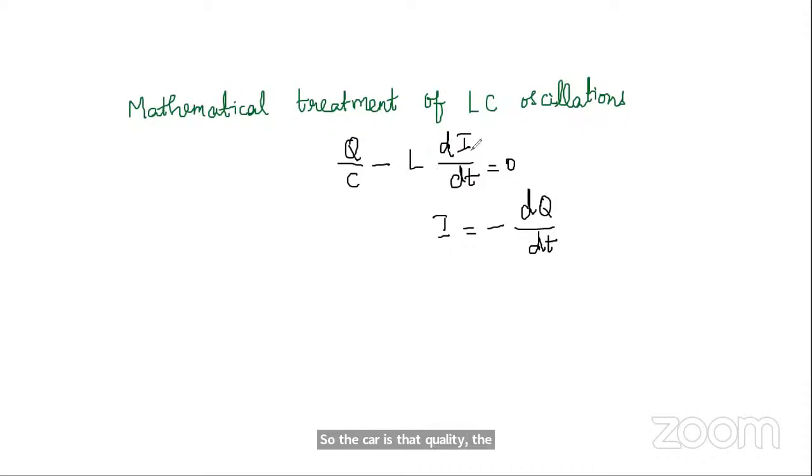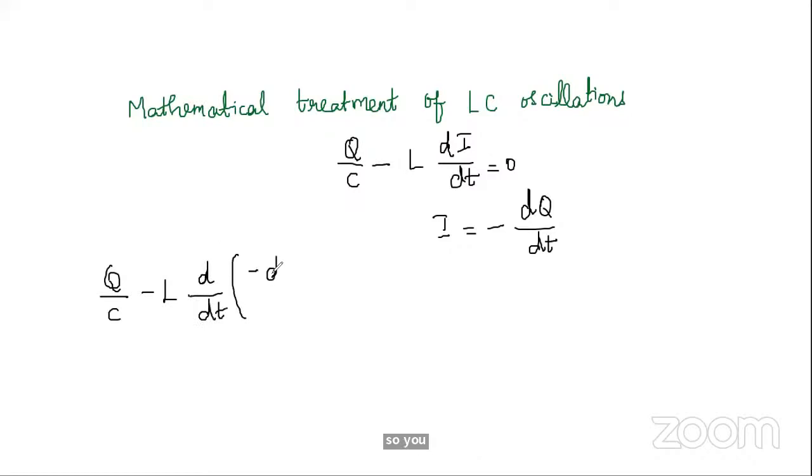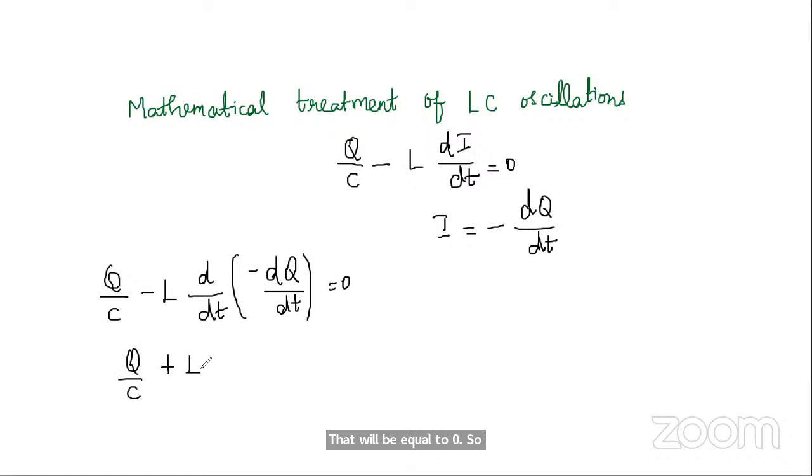So here instead of I, you can apply this minus dq by dt. So your Q by C minus L d by dt of minus dq by dt will be equal to 0. So this will be Q by C plus L into d squared Q by dt square equal to 0.